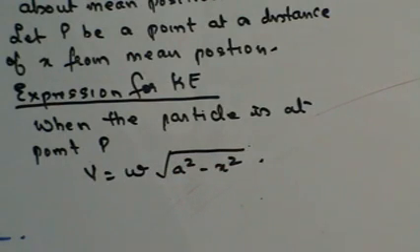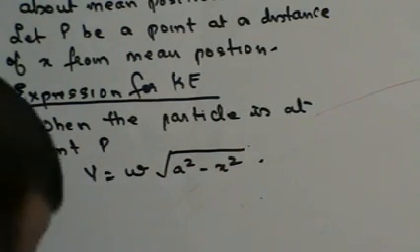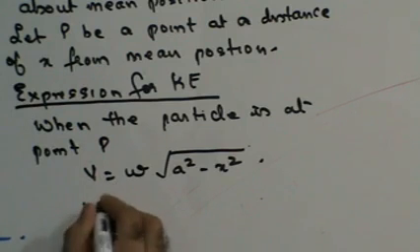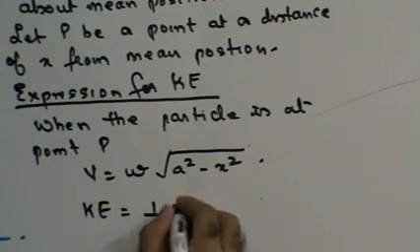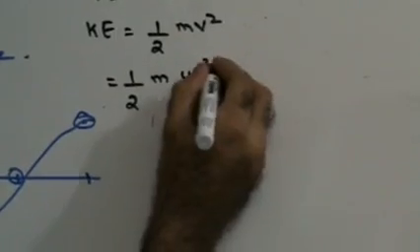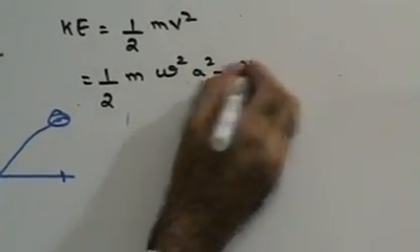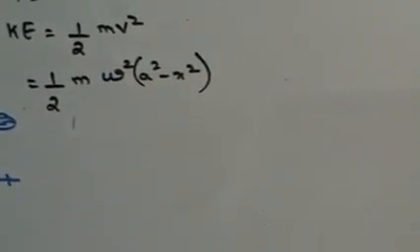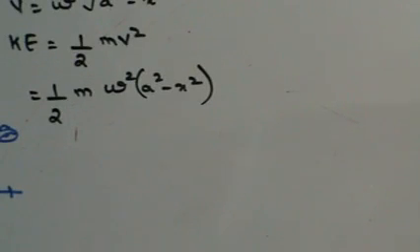That will be the velocity of the particle. And we also know that kinetic energy is equal to half mv square. Therefore, this is going to be half m omega square (a square minus x square). That will be the kinetic energy of the body in SHM.